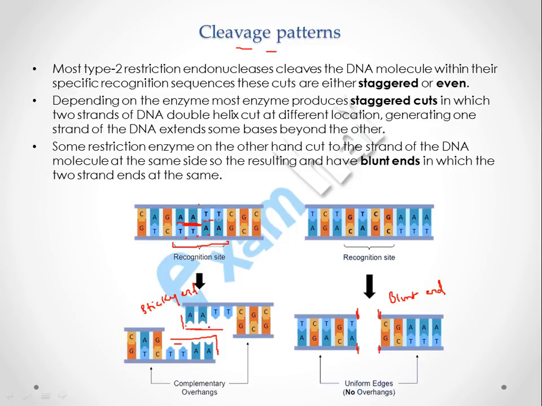Some restriction enzymes, on the other hand, cut both strands of the DNA molecule at the same site, resulting in the blunt end in which the two strands end at the same point.